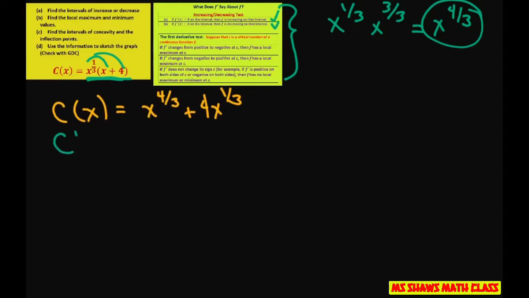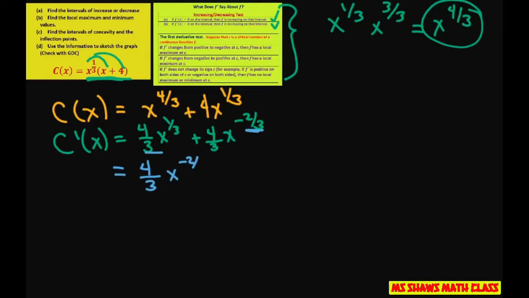So c prime of x equals 4/3 x to the 1/3 plus 4/3 x to the negative 2/3. Now to set this to 0, I'm going to factor out 4/3 because this is common, and you pick your smallest exponent, x to the negative 2/3.